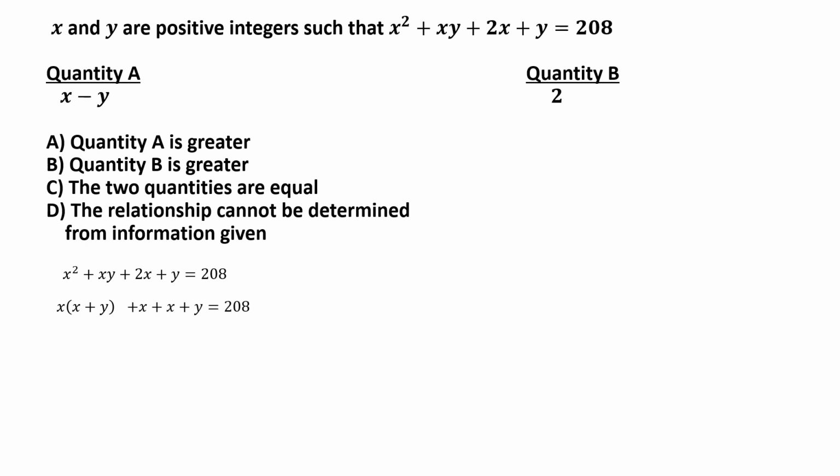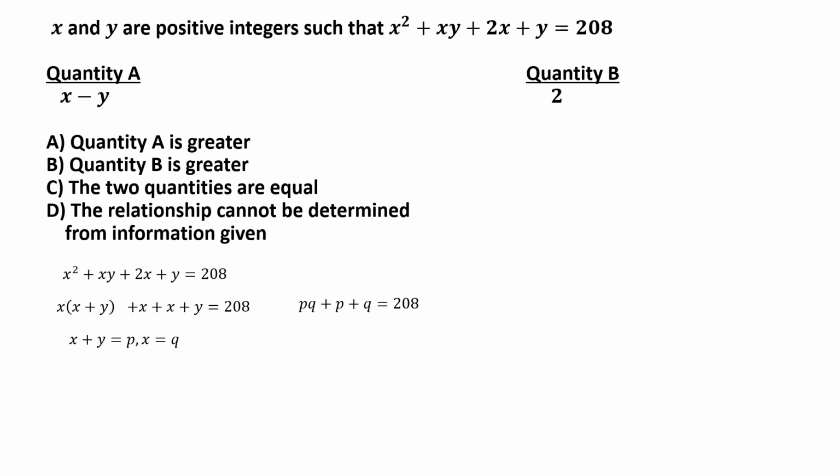And now we realize that we basically have the product of two terms, x multiplied by x plus y, and then the following terms are simply the sum of the same two terms. So if we let x plus y equal to p and x equal to q, then we end up with pq plus p plus q is equal to 208, right?